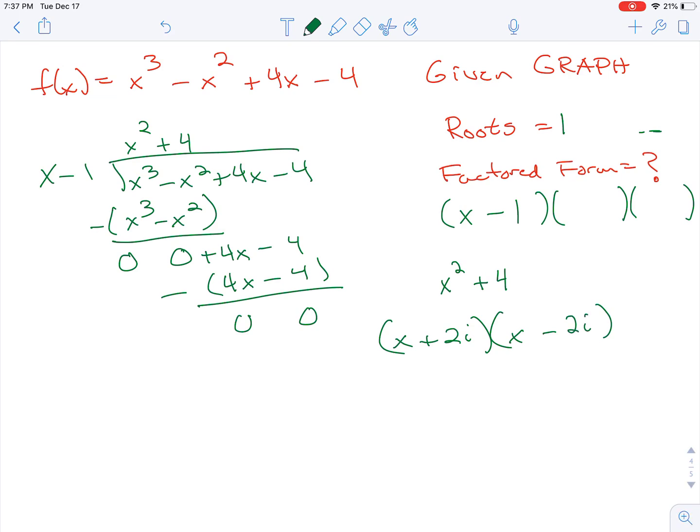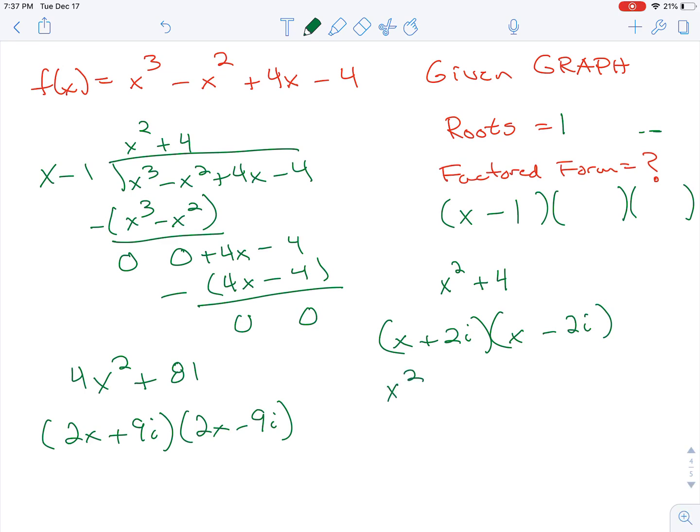Okay, that's the rule for that one. So if I have like x squared, let's make it a little more challenging. Let's go 4x squared plus 81. That would turn into 2x plus 9i times 2x minus 9i.